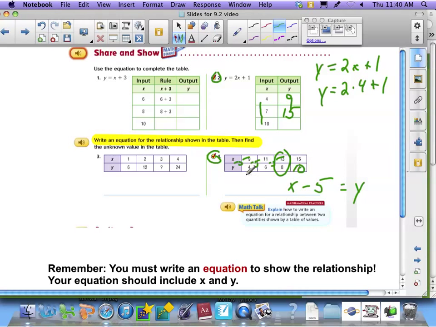So to write an equation, you're going to look at the table and look for the relationship between the x and y variables. Remember, you're writing an equation, so there has to be an equal sign that shows the relationship between x and y. After you write your equation, always go back to your input, put it in the equation, and make sure your answer makes sense.